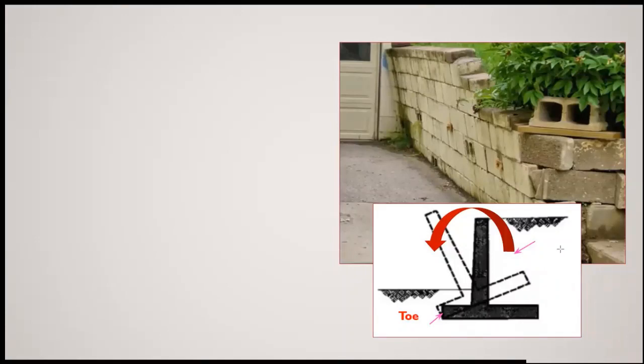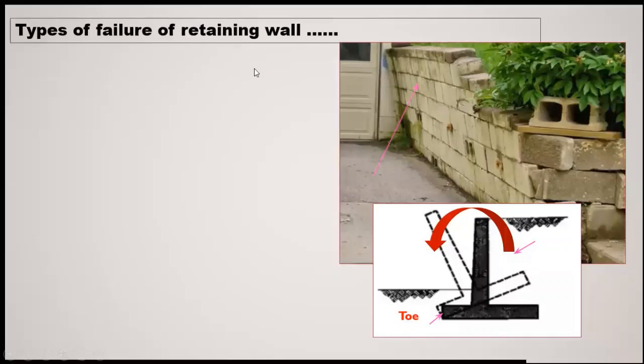What you will observe is that this earthfill is applying pressure, and due to that pressure, due to the center of gravity, etc., the retaining wall is getting some movement from the earthfill. When a moment is acting on it, if the retaining wall is not suitably placed, then it can turn around. So you will see that this retaining wall is getting turned. It is a self-explanatory picture, showing a type of failure of the retaining wall.